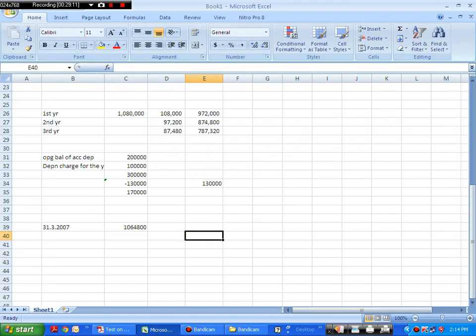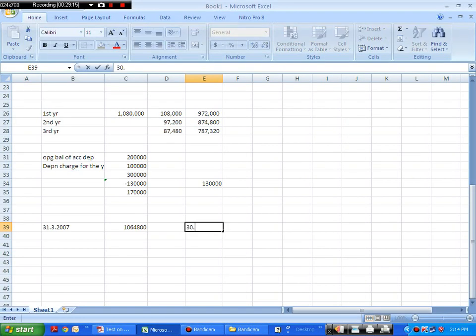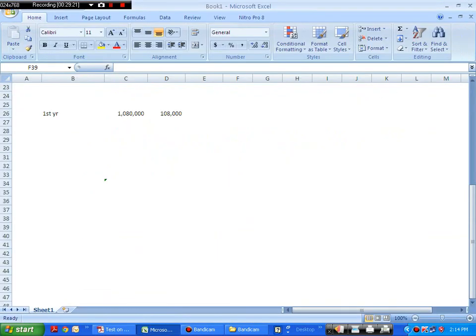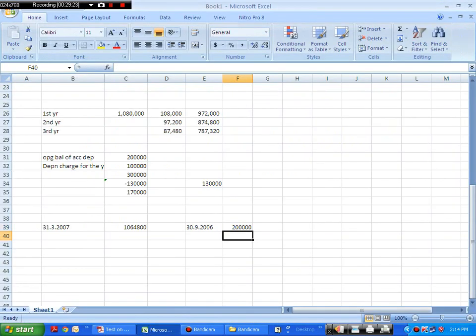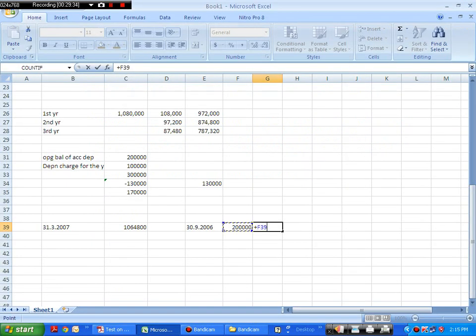So let us find out the WDV of the new machine that was purchased on 30/9/2006. On 30/9/2006, a machine costing 2 lakhs has been purchased. So from 30/9/2006 to 31/3/2007, this machine will be depreciated at 10% for 6 months, right? So this into 10% into 6 divided by 12 is the depreciation for 6 months, and so the WDV as at 31st March 2007 is 1,90,000.